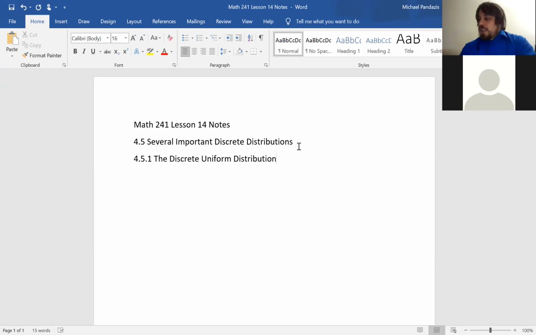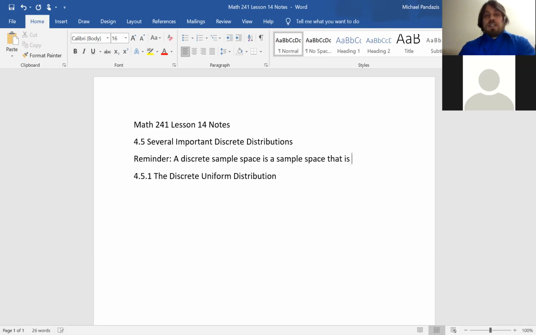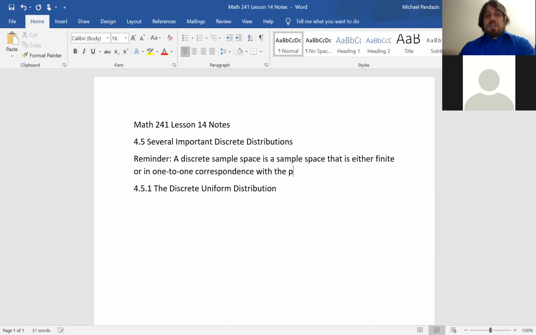Okay. And so just as a reminder, right, a discrete sample space is a sample space that is either finite or in one-to-one correspondence with the positive integers.